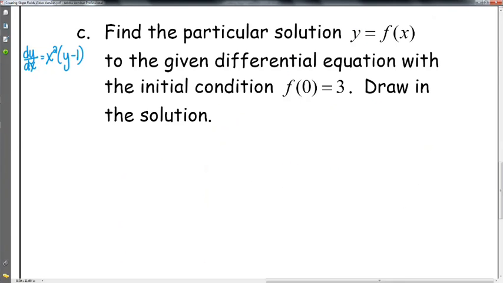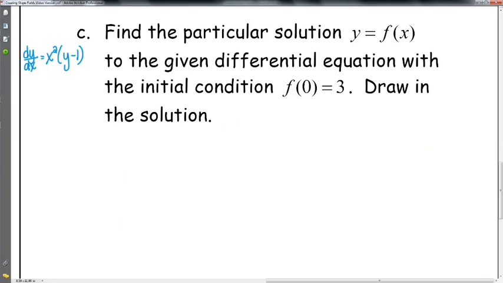Alright, part C, find the particular solution of y is equal to f of x to the given differential equation with the initial condition f of 0 is equal to 3, draw in the solution. We drew in the solution earlier, so now let's go ahead and solve our differential equation. I copied down our formula for you: dy/dx is equal to x squared times (y minus 1).